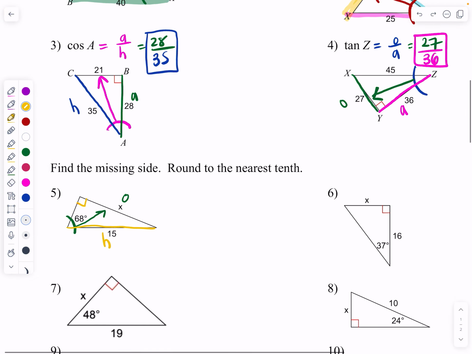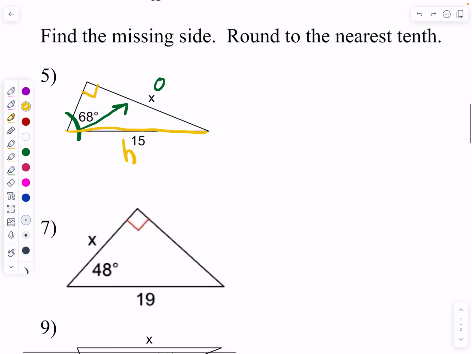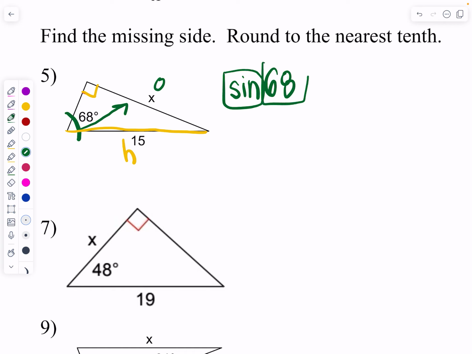So let's just set it up and we'll worry about solving later. The sine of 68 degrees is going to be equal to its opposite, which is x, over its hypotenuse, which is 15. Okay, so for now, that's where we're going to stop. We will solve for x later.